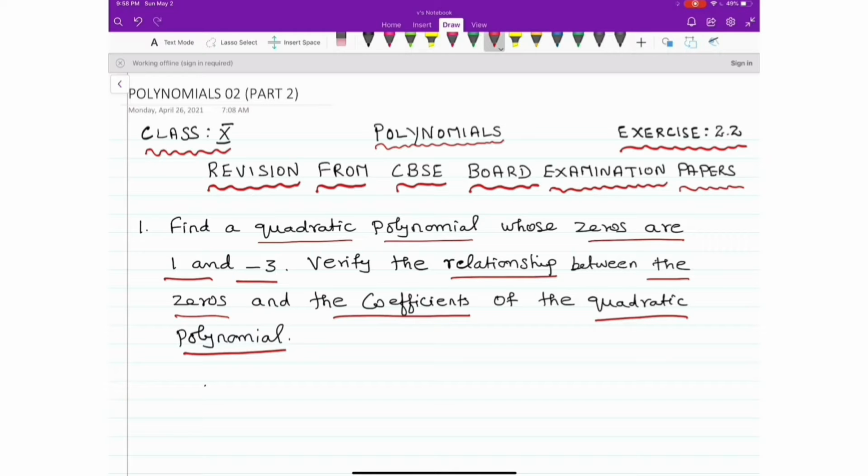Two parts are there in this question. The first part being you have to find a quadratic polynomial whose zeros are 1 and minus 3. And the second part is you have to verify the relationship between the zeros and the coefficients of the quadratic polynomial. Let's do step by step.